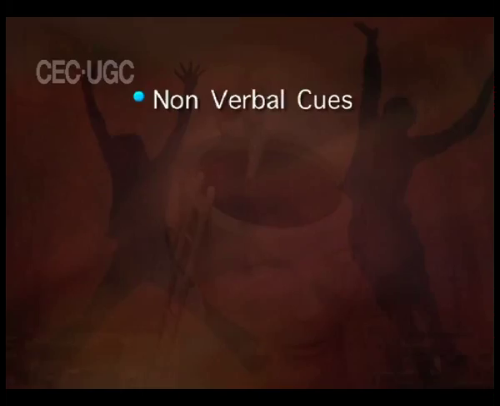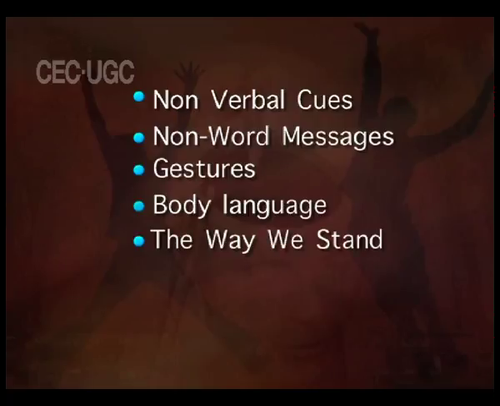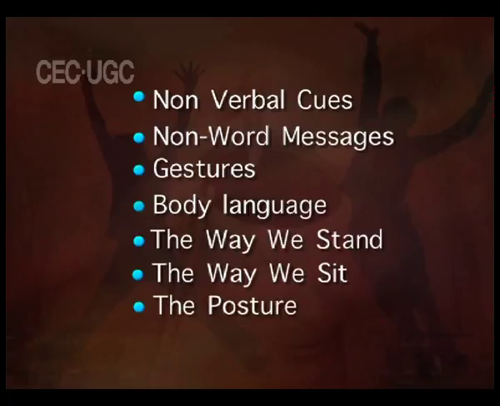Non-verbal cues, non-word messages, gestures, body language, the way we stand, the way we sit, the posture, these are all things which we assume are universal, but what they imply could mean different things in different contexts. It means different things to different people. If someone makes a loud noise after a full meal, it is considered to be very impolite in the Western context.